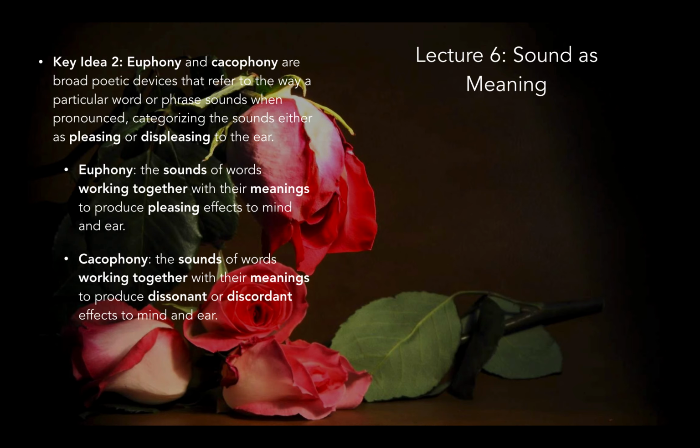If the words scrape through your ears, then it's probably cacophonous. If the words sound like halcyon, if the words are soft, soothing, if they babble like a brook, then they're probably euphonic.